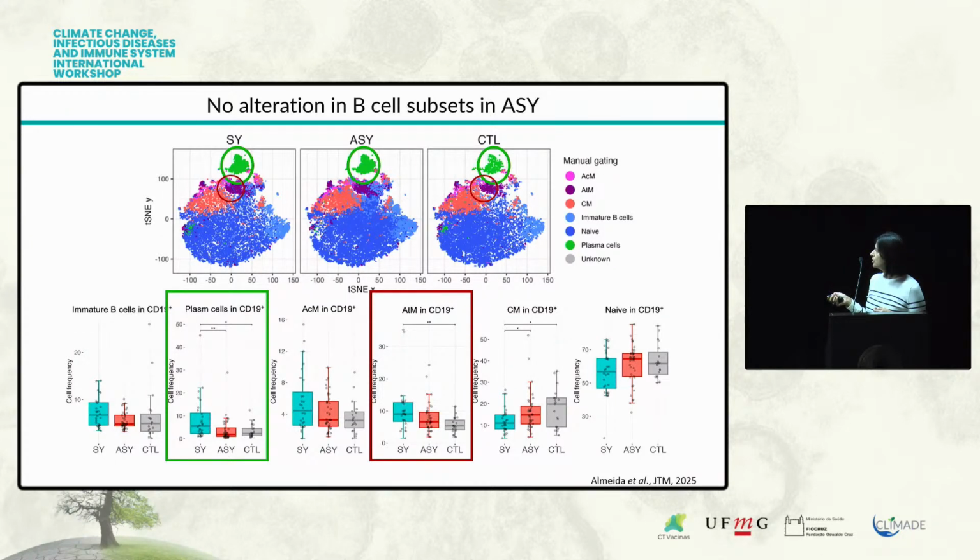We don't see any difference in asymptomatic when we look at atypical memory cells, the ones related with TH1 response because they express T-bet, and we also didn't see difference between controls and asymptomatic. However, symptomatic have lower frequency of classical memory B cells compared to asymptomatic and control.